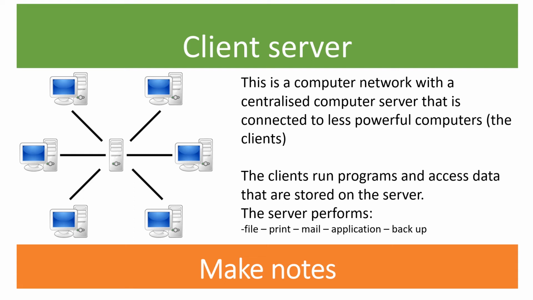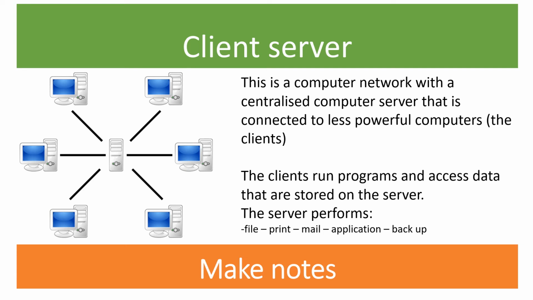Now, you might have one server sat in the middle of this network. However, you might have a series of different servers, potentially connected via a switch. The kind of servers you might have are mail servers which hold your email. They might be print servers which manage the printing on the network, or file servers like we have in school. You can save your files on our file server, although nowadays most of the time we use things like Google Drive.